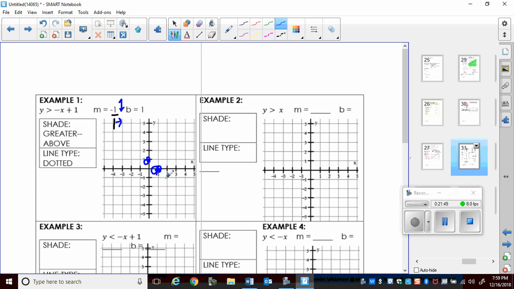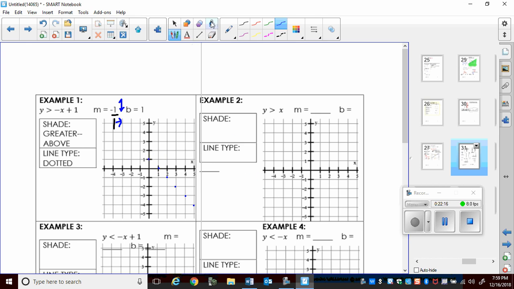Sorry about that big old dot, guys. Then down 1, right 1, make a new point, and keep repeating that. I'm going to erase these two here and do that over. So here's my points.